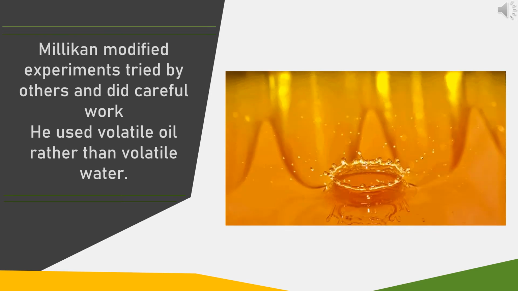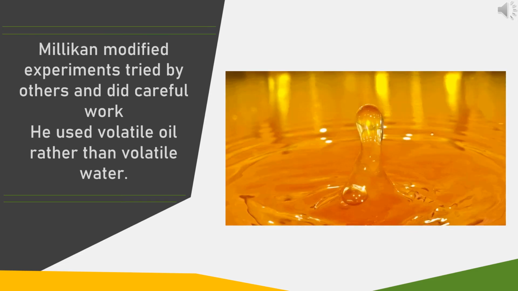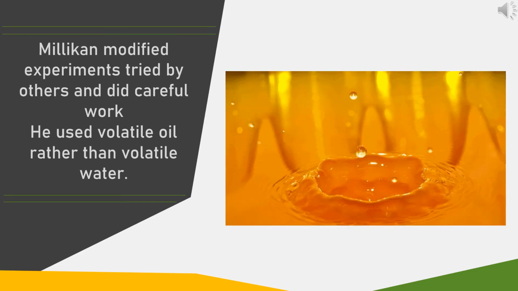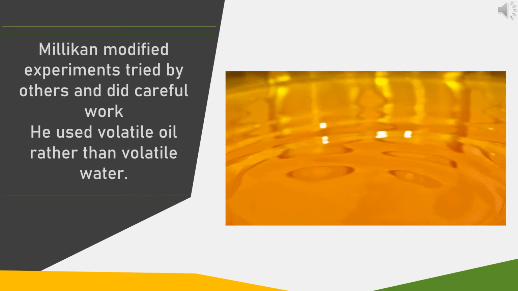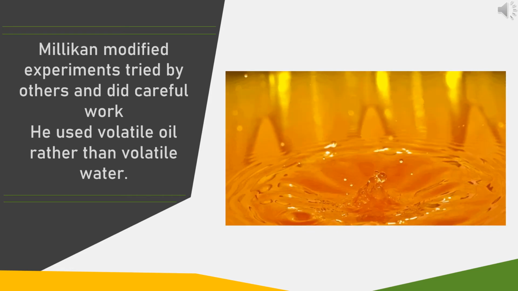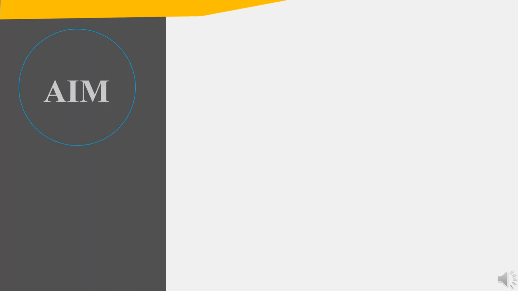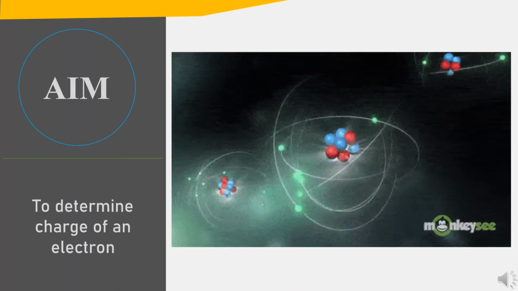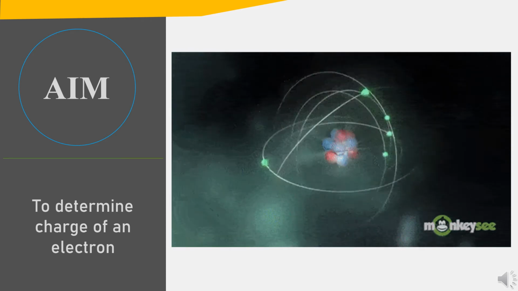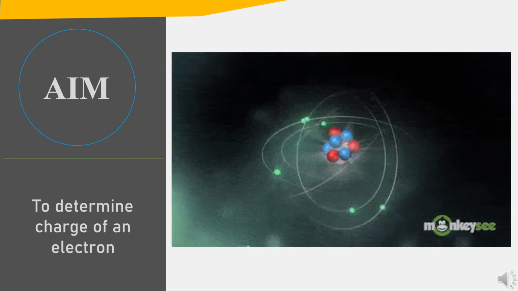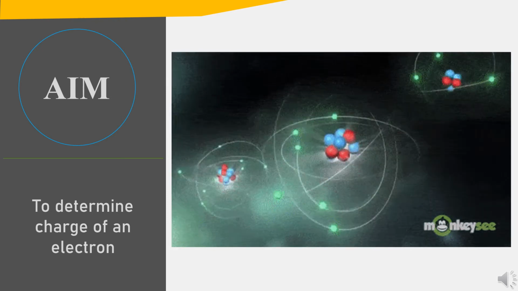Millikan modified experiments tried by others and did careful work. He used volatile oil rather than volatile water. The aim of Millikan's oil drop experiment was to determine the charge of an electron.